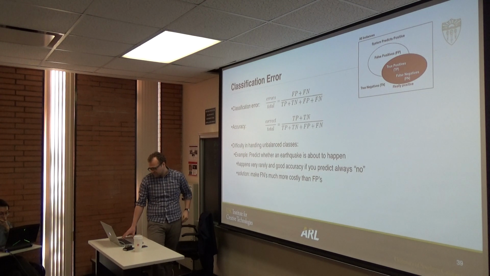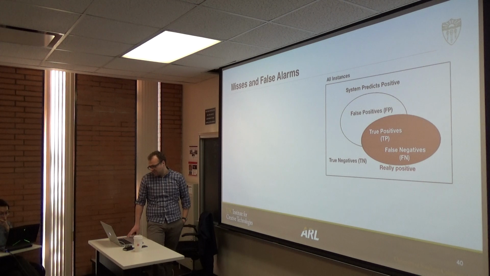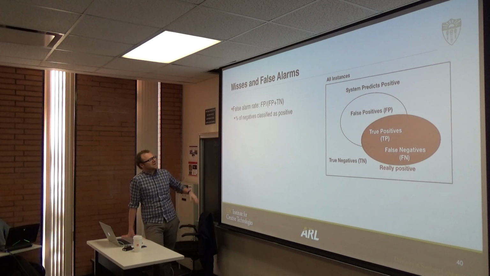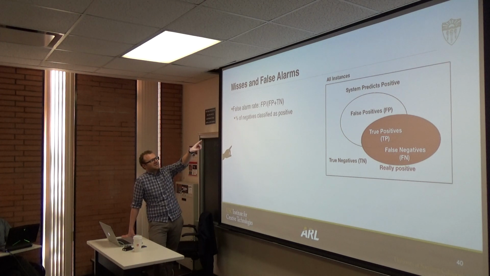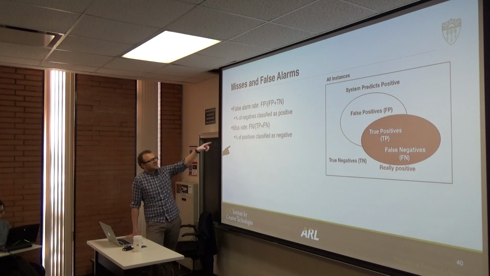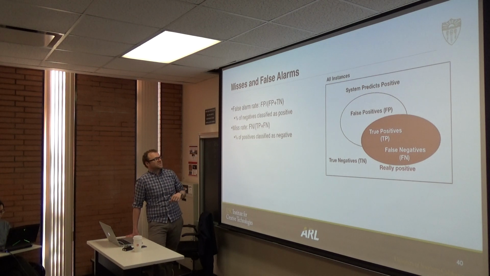Okay. So we can come up with other metrics. For example, the false alarm rate is interesting. That's the false positives divided by the false positives plus the true negatives. Okay. I can come up with a miss rate, false negatives divided by true positives plus false negatives.